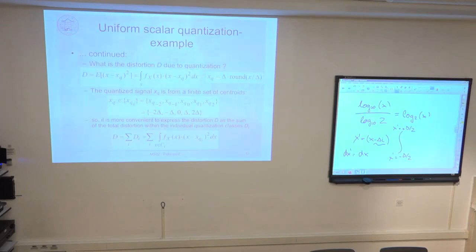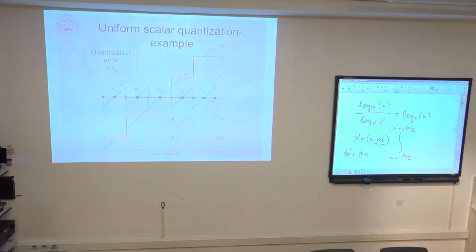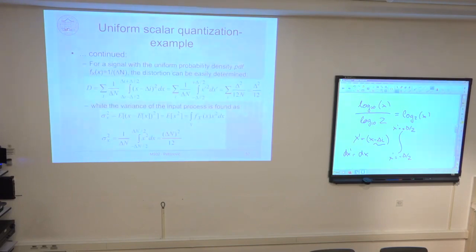Okay? But in our trivial example, since our fx of x is uniform, a constant, I can extract it in front of the integral, and I can easily compute the integral of only this part, and I get the answer as before, as we have derived for the case of uniform quantization.